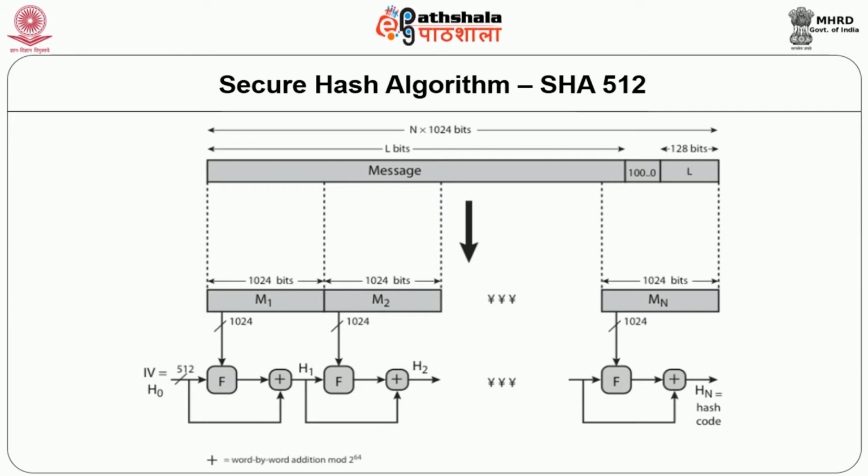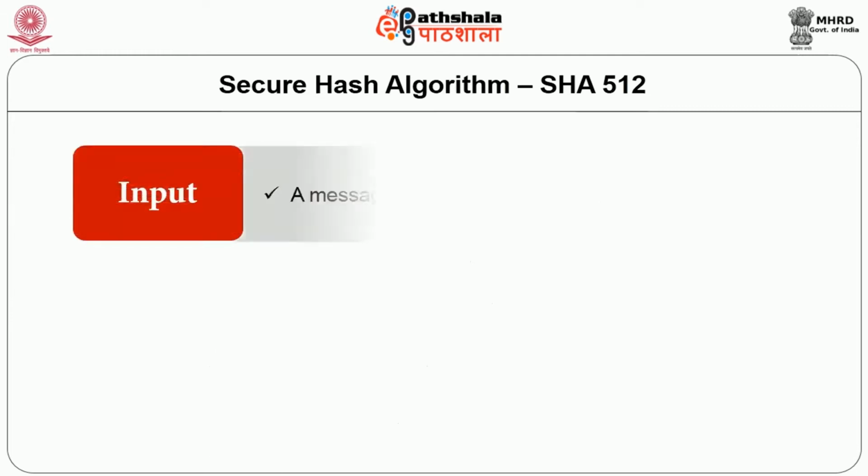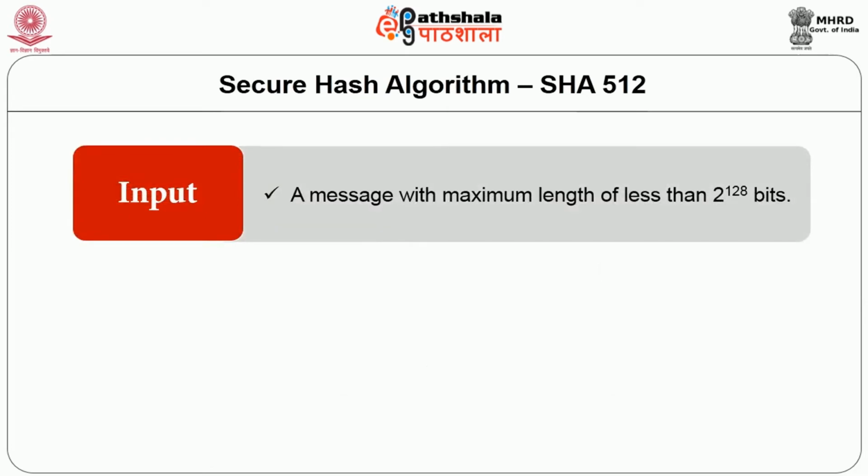But to go into detail, we will start with the actual input to the algorithm. The actual input is a message with a maximum length of less than 2^128 bits, meaning that you cannot give a message larger than 2^128 bits.